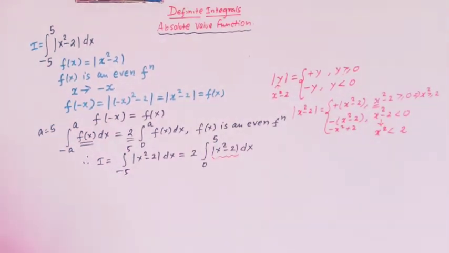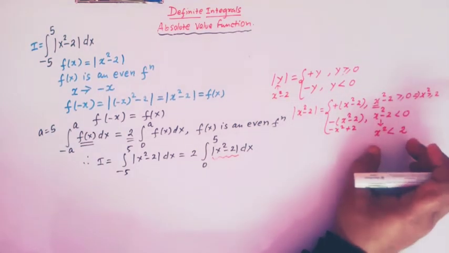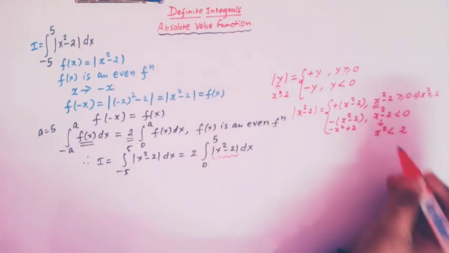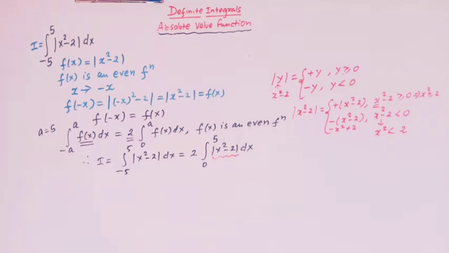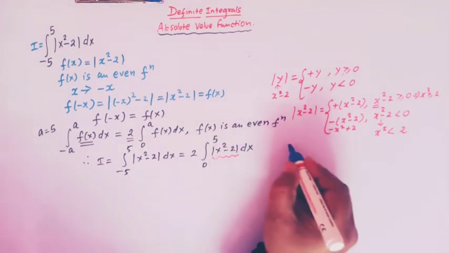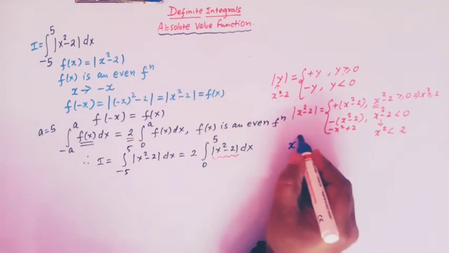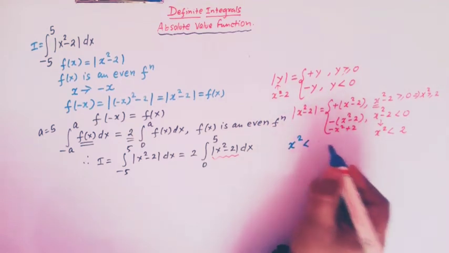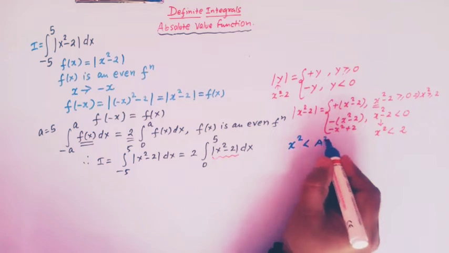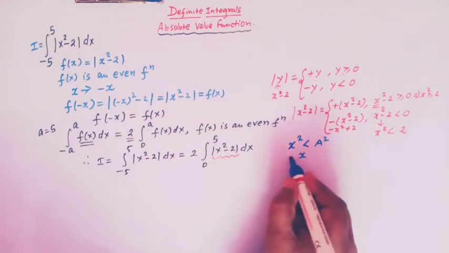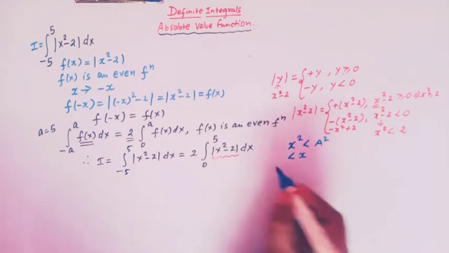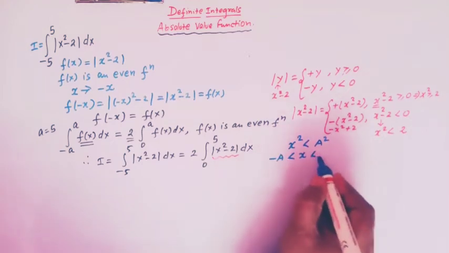Now we can use a very important inequality which says that if x square is less than a square, then x lies between minus a and a.